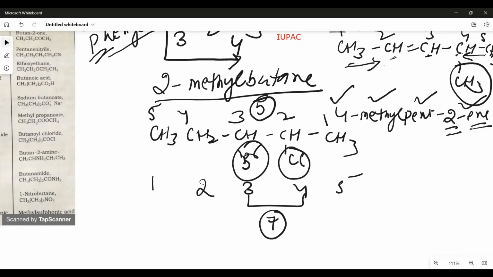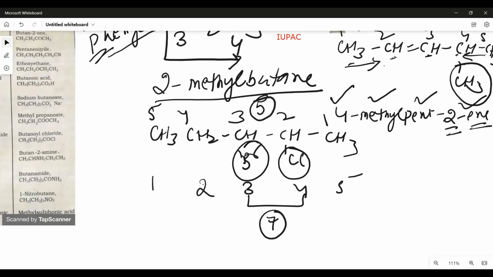Now I am repeating, whenever more than one same priority groups are there, like हेलो है, Br और Cl है, तो इनका आपने इंडिविजुअल नहीं देखना कि यहाँ से आपने स्टार्ट किया तो लोवेस्ट नंबर आ रहा है, यहाँ से स्टार्ट किया तो लोवेस्ट नंबर आ रहा है, या आप इसको देख रहे हैं अल्फाबेटिकली. तो आपने यहाँ पर देखना है सम ऑफ द पोजीशंस, sum of the locants, sum of the position of the substituent.